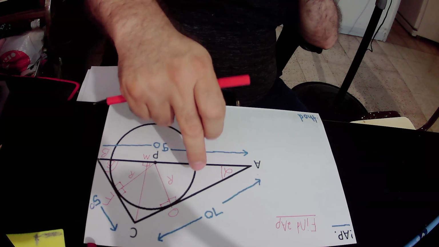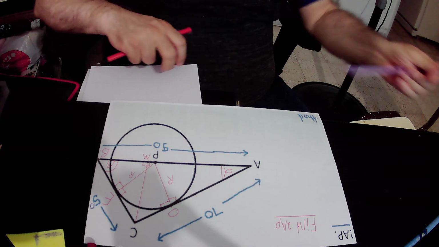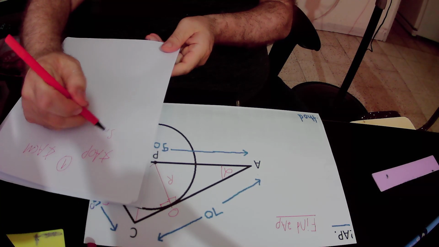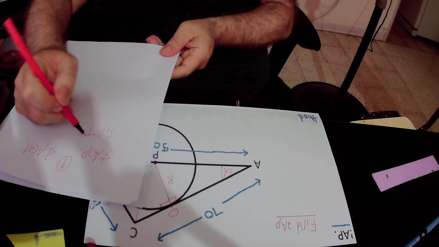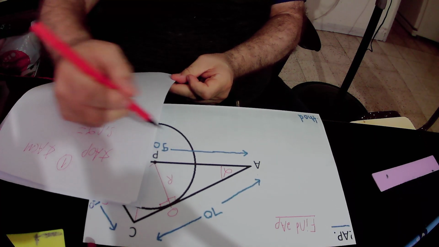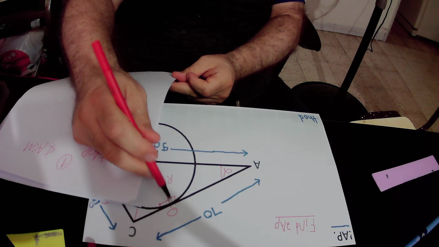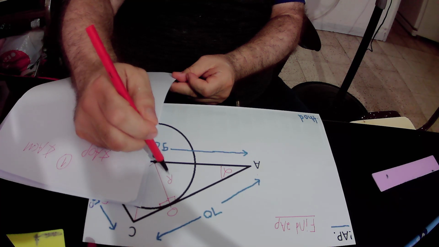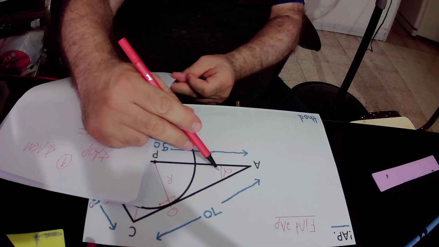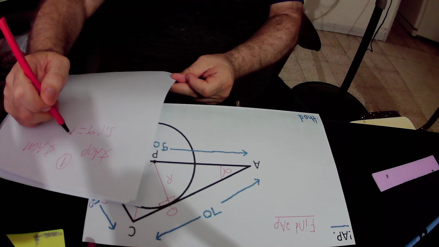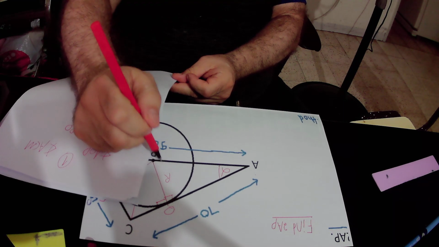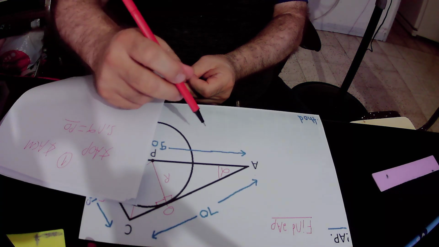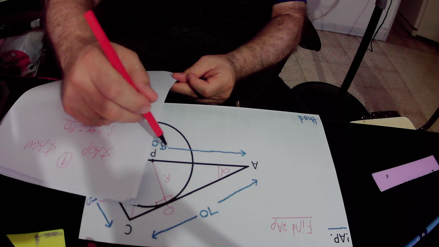In this right triangle AOP, we can say that sine alpha equals PO, the side in front of the angle alpha, or OP, it is the same, divided over AP.